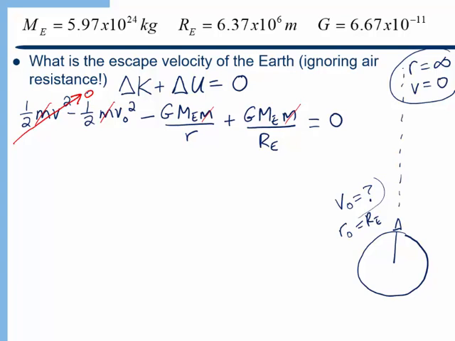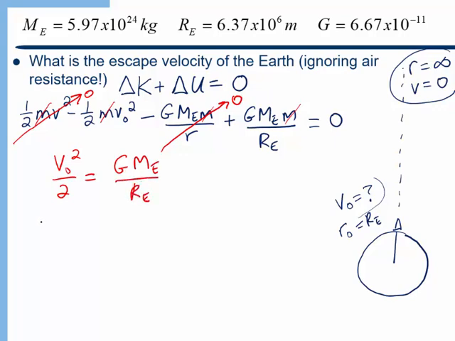The other term that goes away is this one, because if r approaches infinity, that term definitely approaches 0. And so this is actually an easier problem than the one we did before because we're only left with two terms. We've got v naught squared over 2 is equal to G M_e over R_e.